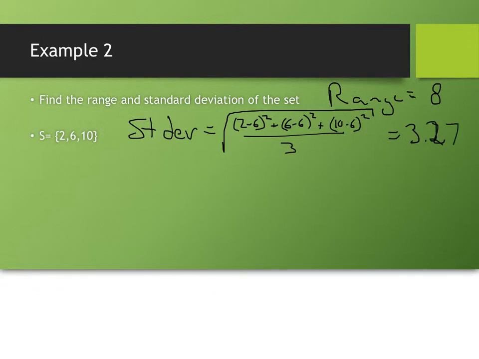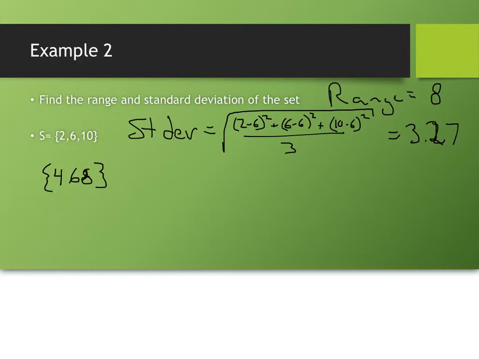Right? Now, I want you to notice that the set 4, 6, 8 was a tighter grouping than 2, 6, 10. They both have averages of 6. But that set was a tighter grouping.